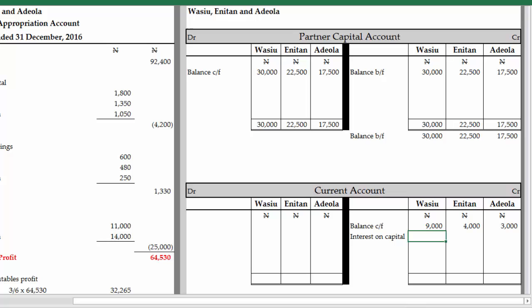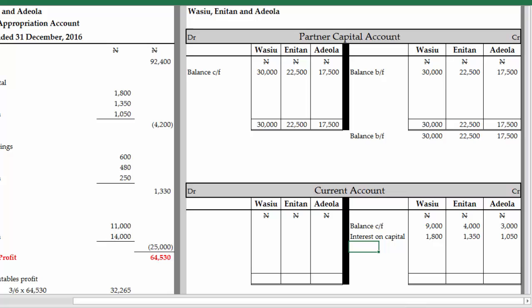So it's an addition to the partner's capital. It will increase it. That is why it is being credited. The corresponding debit is what we have shown in the appropriation account. That is why it is a deduction from profit. For Wasiu is 1,800, Enitan is 1,350, Adiola is 1,050.